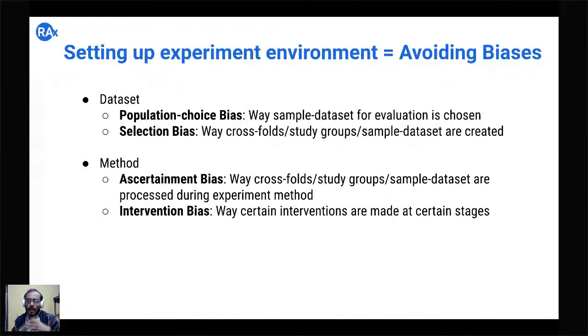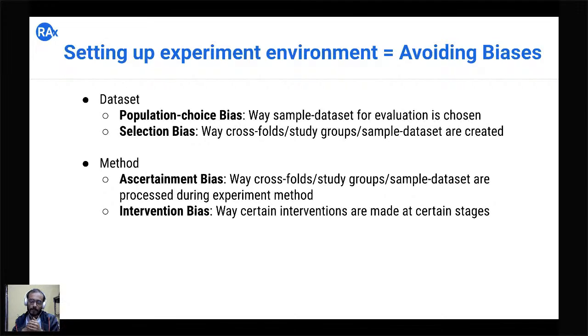There are two types of biases that can happen over here. The first kind of bias is what we call population choice bias. What does that mean? This kind of bias can creep in at the very beginning when you are choosing the data set, or the sample, or the population that you want to study.